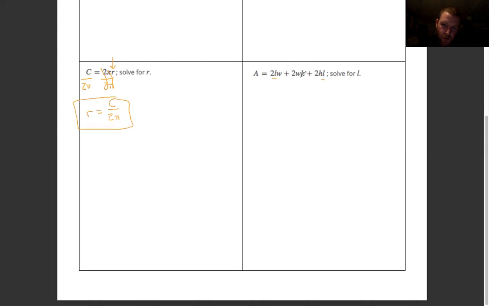So 2WH. We need to get that to the left. And if it's adding, to get to the other side, just minus it. So I'm going to minus 2WH. So on the left, I have A minus 2WH is equal to 2LW plus 2HL.